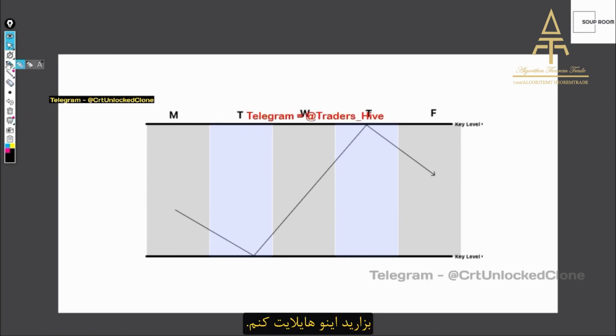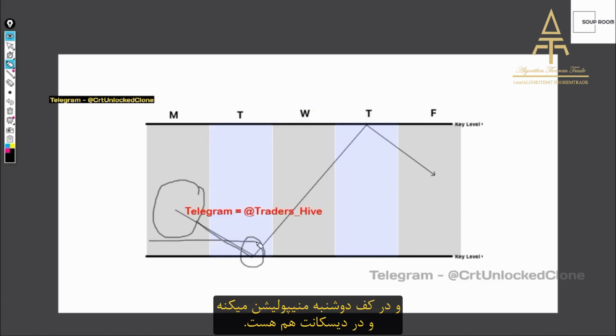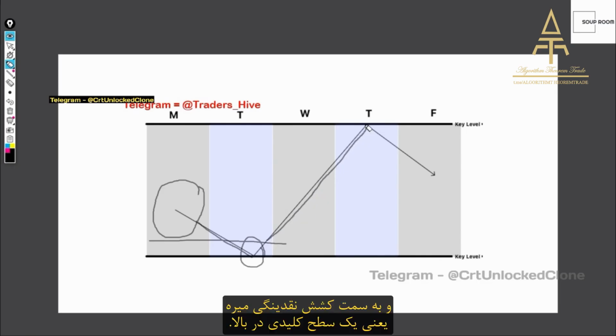Let's take out the highlighter here. We can see Monday creating a range, Tuesday hitting a key level, manipulating past Monday's lows, likely in a discount market. Wednesday's candle does what? Expands to the upside. Right? This is expansion towards the draw on liquidity.